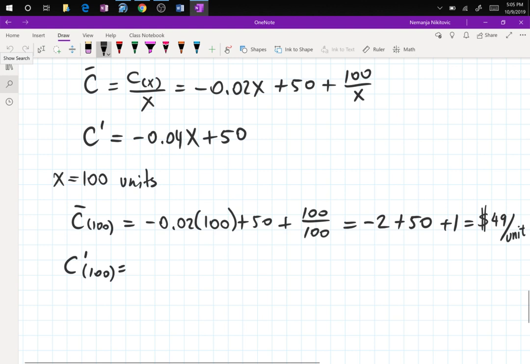So the derivative at 100 is calculating the cost of making just this one, in particular the 100th unit. So you ignore 98, you ignore 99, and you pick up unit number 100, and now this calculation will tell me how much it costs to make this one unit. So now, that's negative 0.04 times 100 plus 50.